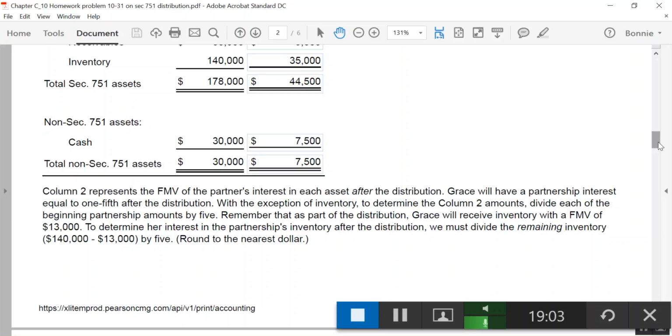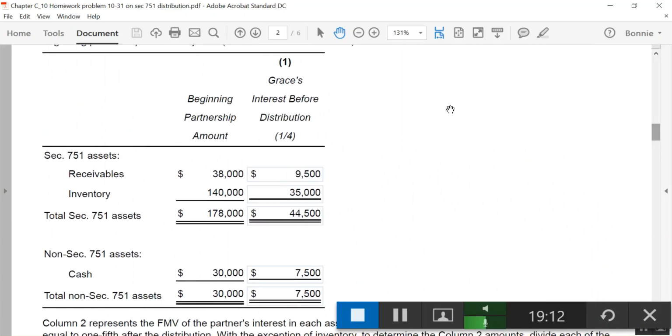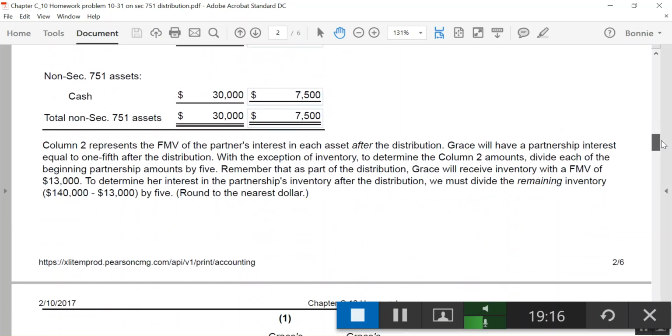With the exception of the inventory, all you have to do is take this column 0 and multiply it times her interest in the partnership after the distribution, which is now 20%, because it's gone down from 25% to 20%.